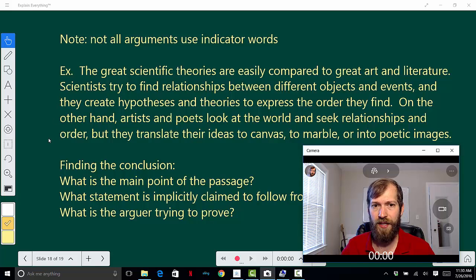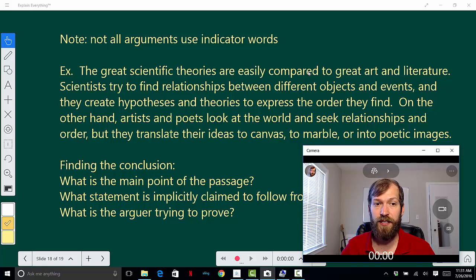Notice what happens afterwards are the kinds of things that would support this first statement to be true. We find out that scientists try to find relationships and create hypotheses and theories. And then we find out that artists and poets try to find relationships, right? And since they both are trying to find relationships, it's true that the great scientific theories are easily compared to great art and literature.